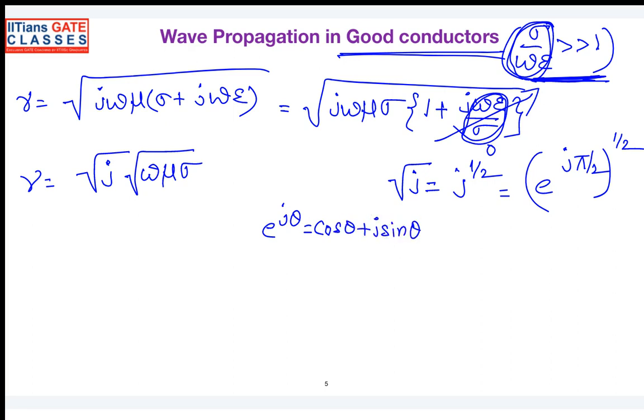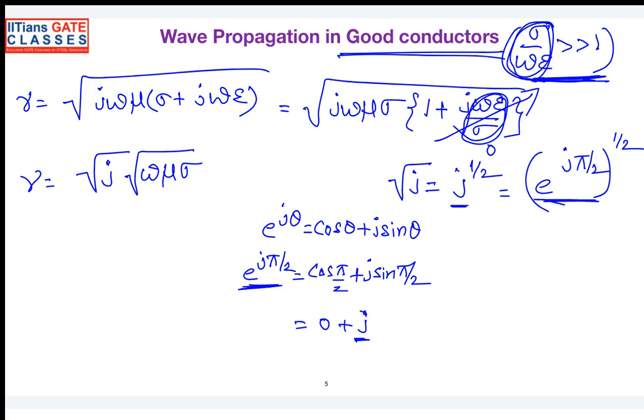Suppose you are calculating e power j pi by 2, that will be cos pi by 2 plus j sin pi by 2. So cos pi by 2 is 0, plus j sin pi by 2 is j. So the value of j can be written as e power j pi by 2.